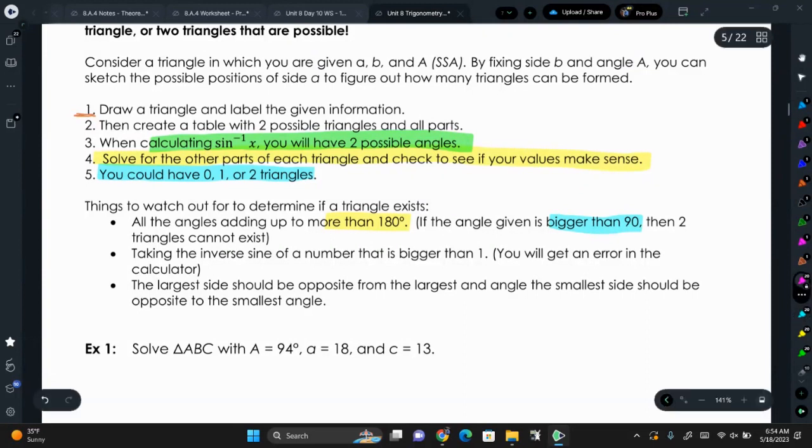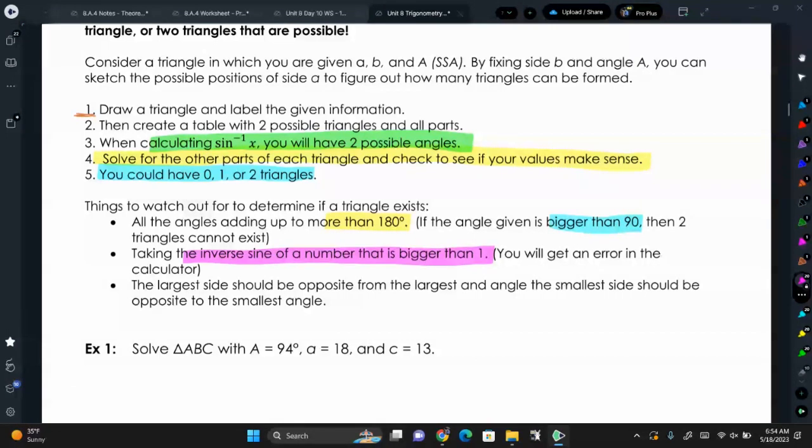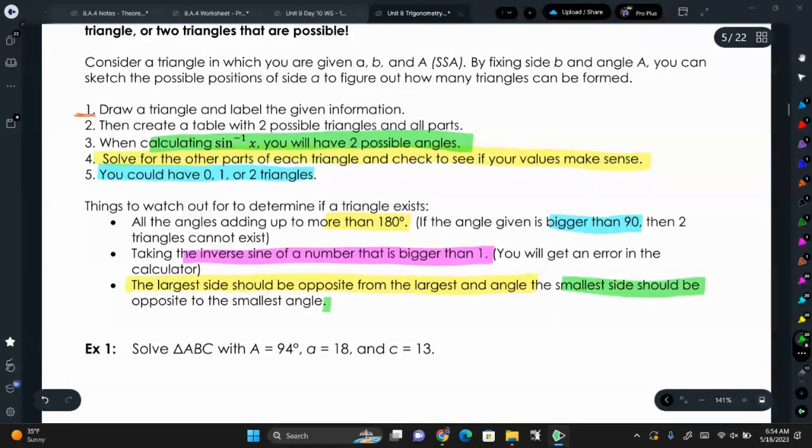If we end up taking the inverse sine of a number bigger than 1, that means the triangle doesn't exist. It'll give us an error in the calculator. Finally, the largest side should be opposite from the largest angle, and the smallest side should be opposite to the smallest angle. We've talked about those things before, and now we're going to be applying them.